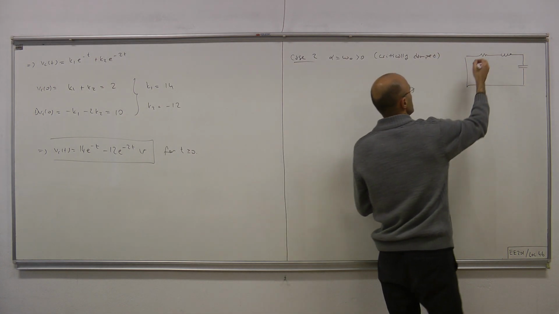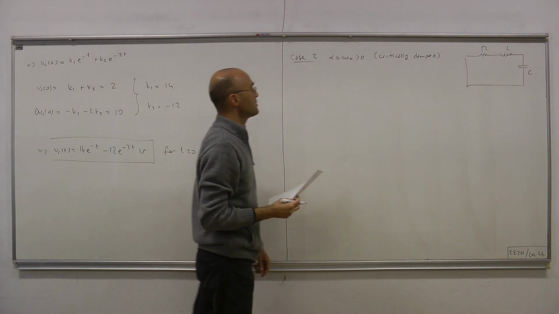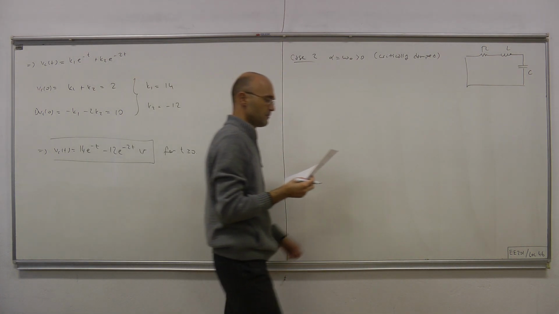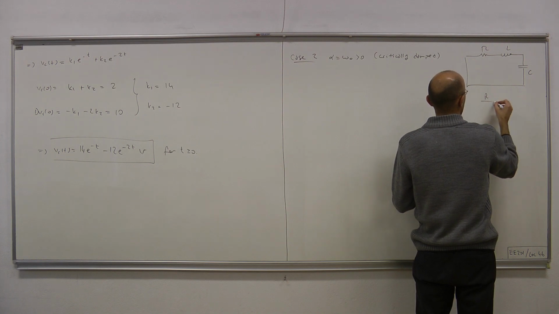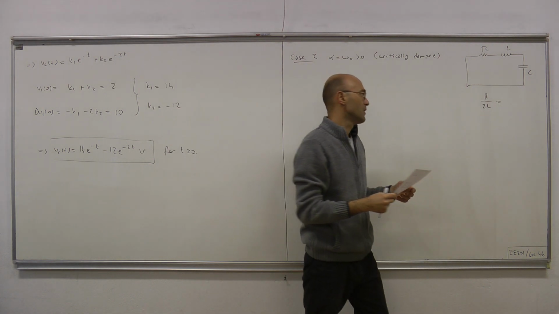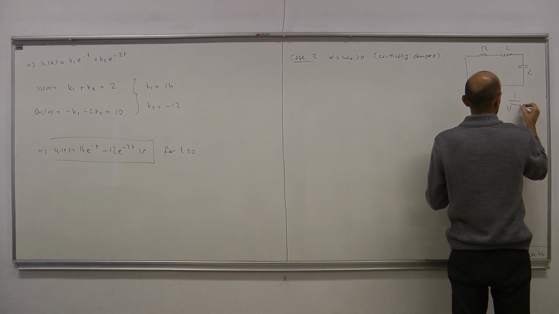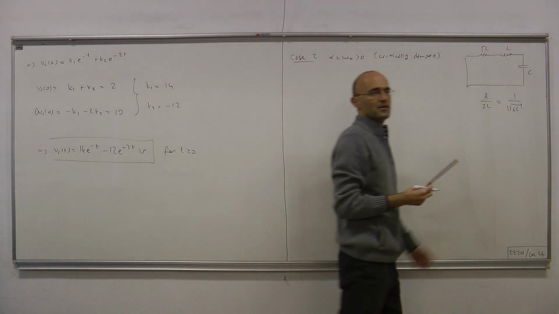For the series RLC circuit, that means in terms of the circuit parameters, R over 2L, that's alpha, equals 1 over square root of LC, and that's omega 0.